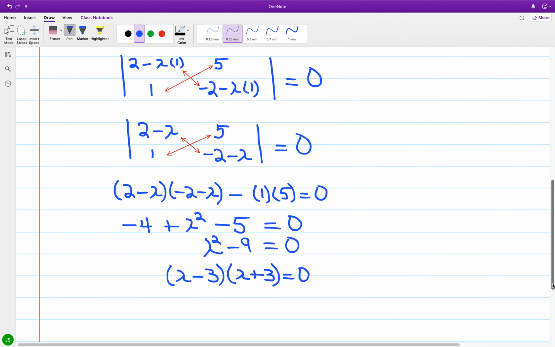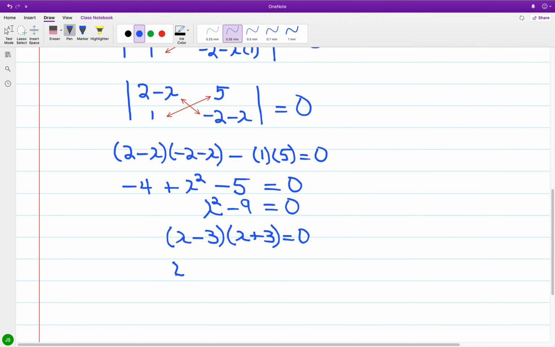With the zero product property, lambda 1 will come from lambda minus 3 set equal to 0, so lambda 1 is equal to 3. And for lambda plus 3 equal to 0, this spins off the second eigenvalue, which is negative 3. So we have what we refer to as the eigenvalues. You could also have lambda 1 equal to negative 3 and lambda 2 equal to positive 3.